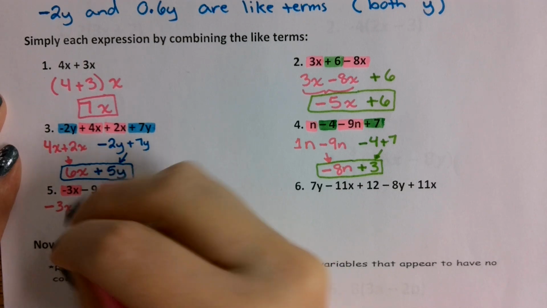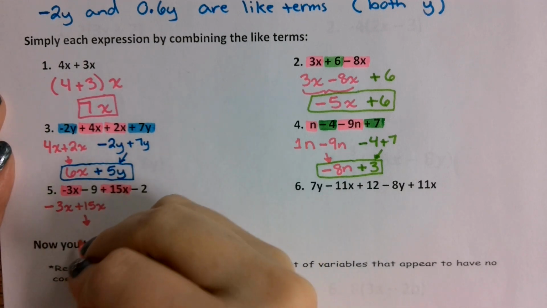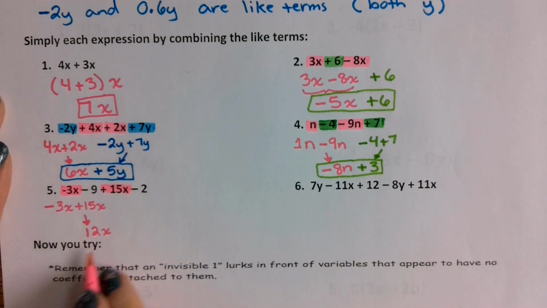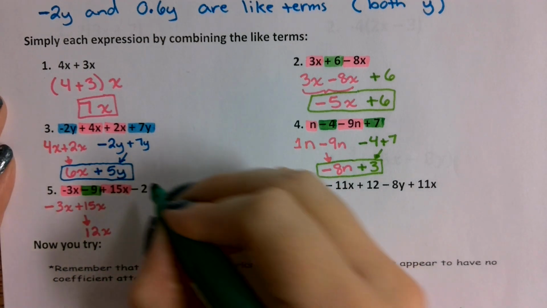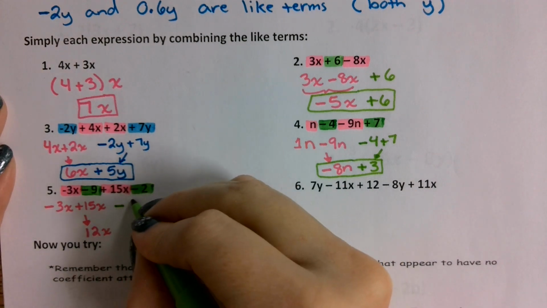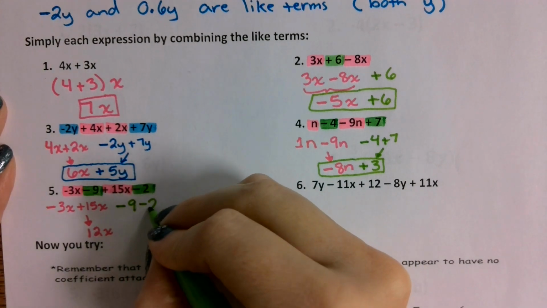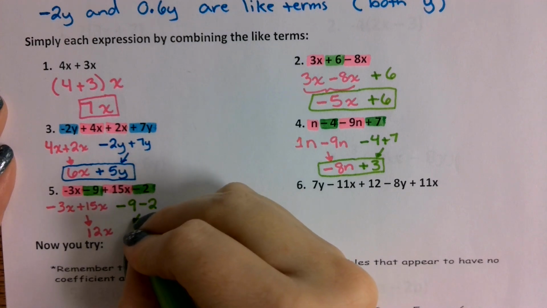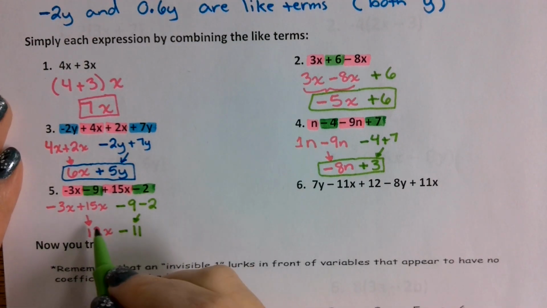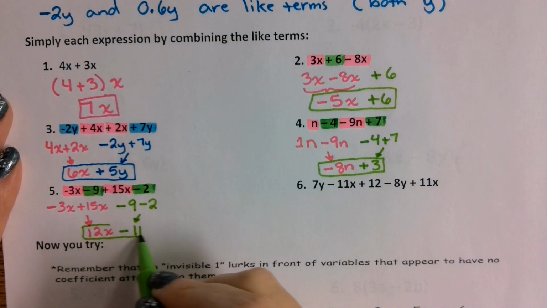That's going to come out to a positive 12x. I don't have to write the positive sign because it's the first term that I'm writing. Then we just have constants. We have a negative 9 and a negative 2. So negative 9 minus the 2 is going to come out to a negative 11. So there's our expression, 12x minus 11.